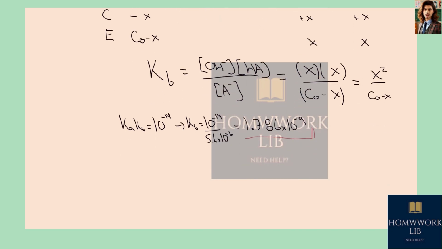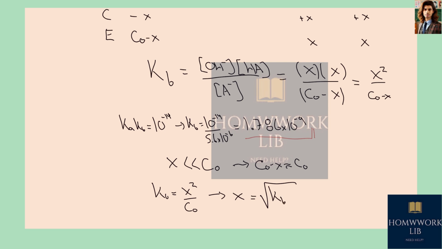So we can make the approximation that X is much smaller than C0, which means that C0 minus X is approximately C0. So our equation now becomes Kb is equal to X squared divided by C0, thus giving us the value for X equal to the square root of Kb times C0.